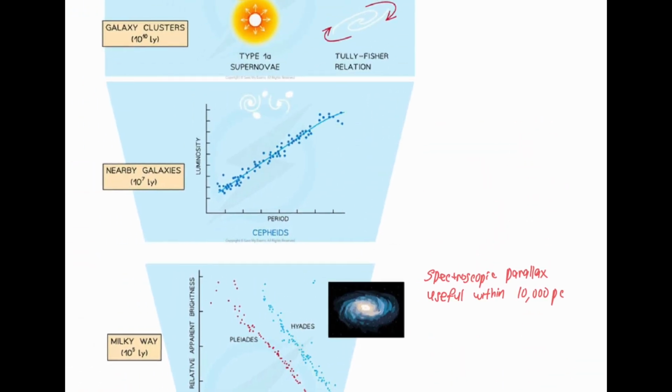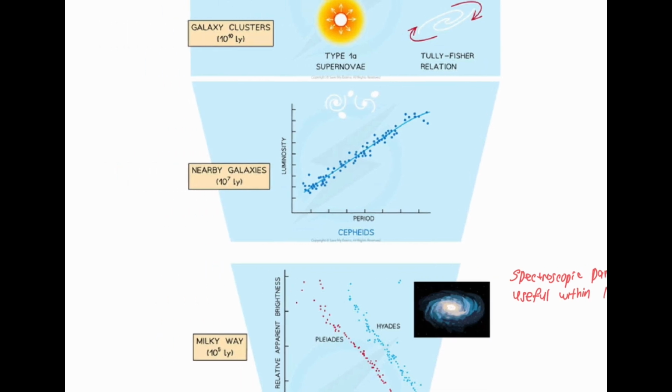So now we have this one. This one we discussed just now. Luminosity versus period. You know, the star that is changing in brightness over a particular period. This is the Cepheid variable star, and how far is it?